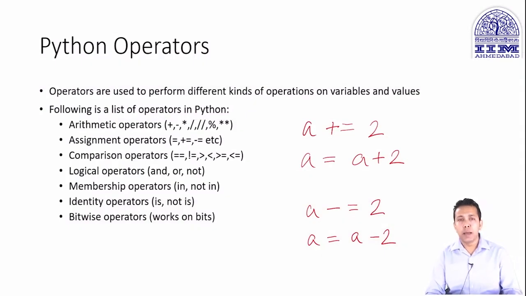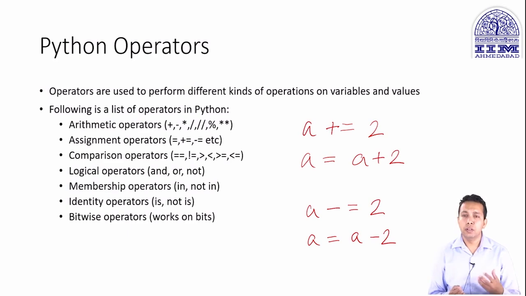Let us go to the comparison operators. There are quite a few comparison operators as well in Python, and these are the few that I have listed in front of you: the double equal to, not equal to, greater than, less than, greater than equal to, and less than equal to. Let us see what these operators do. They always compare two variables.